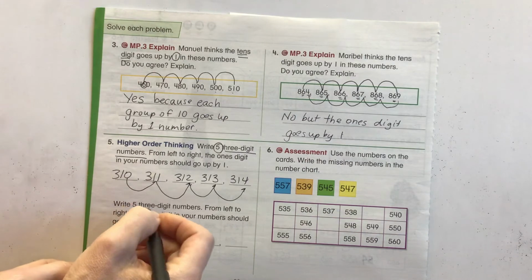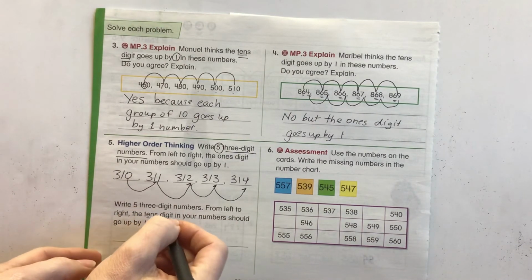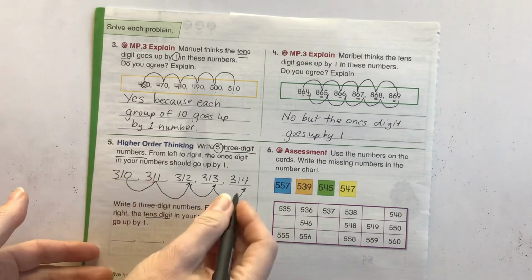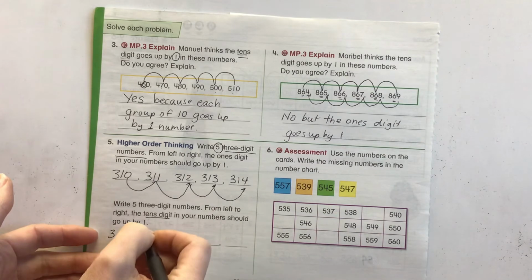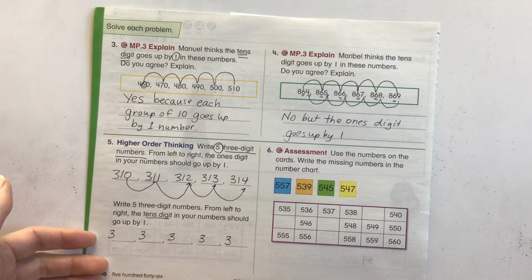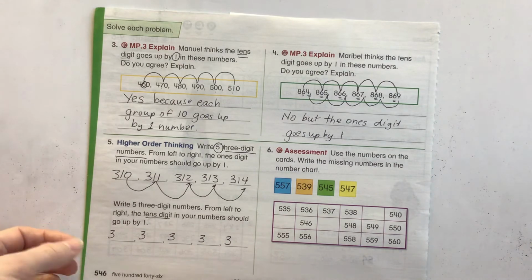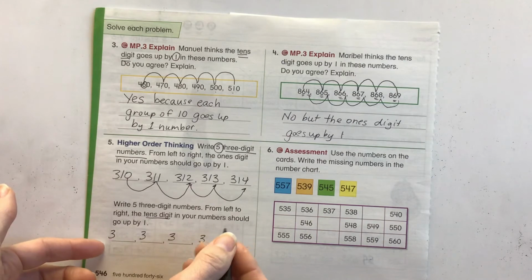Write 5 3-digit numbers from left to right. The tens digit should go up. So this one we did it by ones. So I'll do this again with 3s in the hundreds place. And what I'm going to do this time is the tens digit should go up by 1.